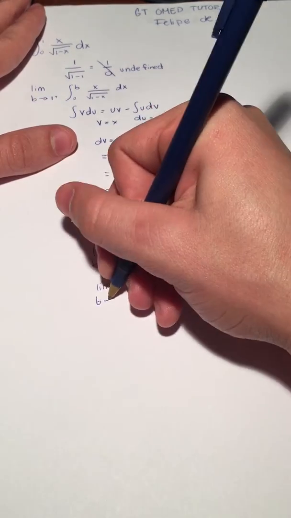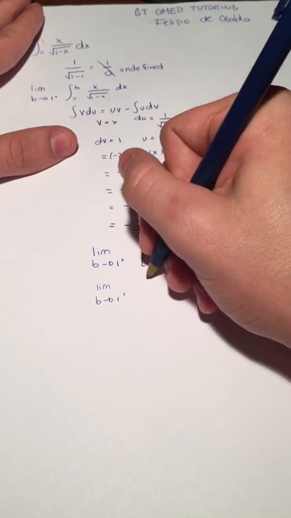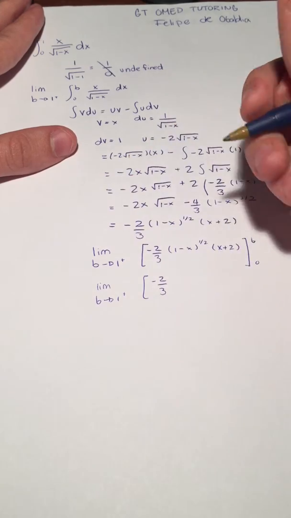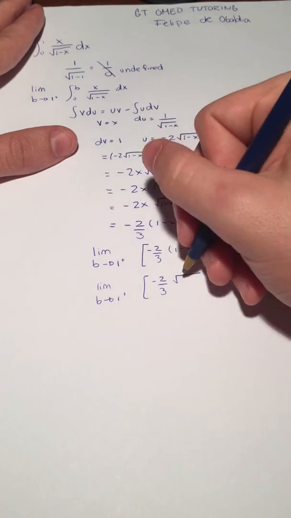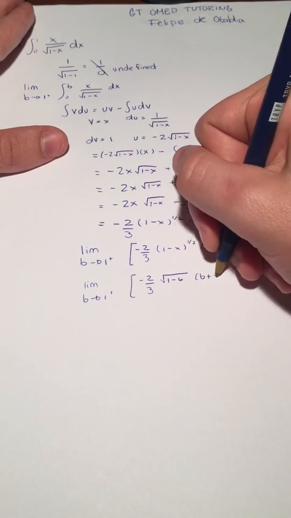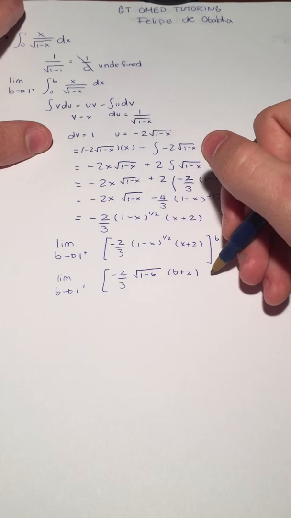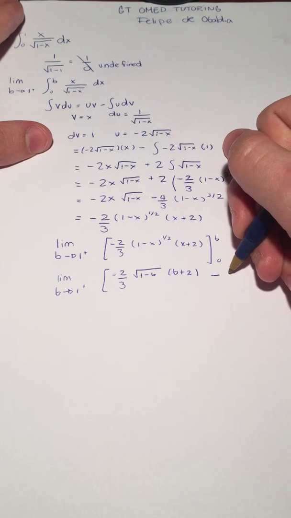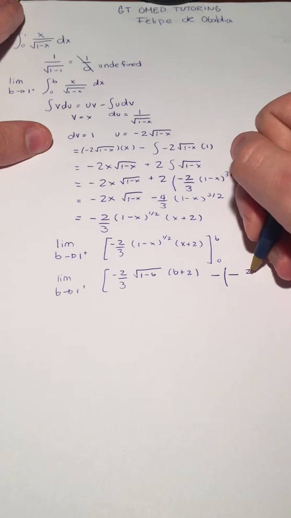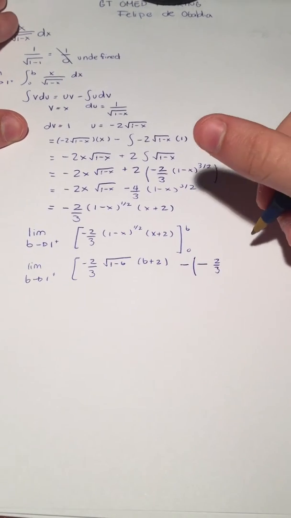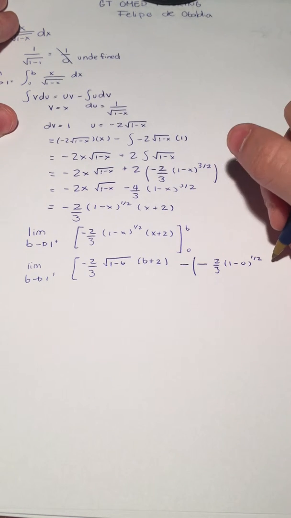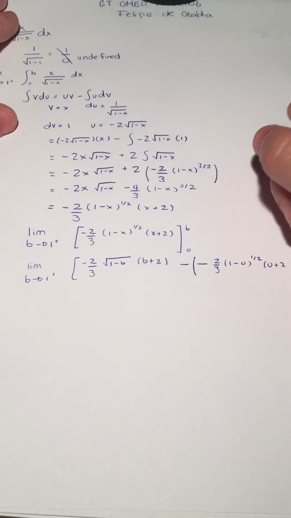Limit as b approaches 1 of minus 2/3 square root of 1 minus b, times b plus 2, minus minus 2/3, 1 minus 0 to the 1/2, times 0 plus 2.